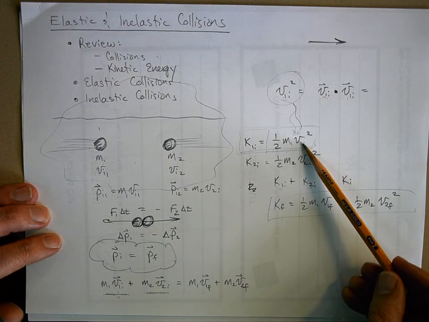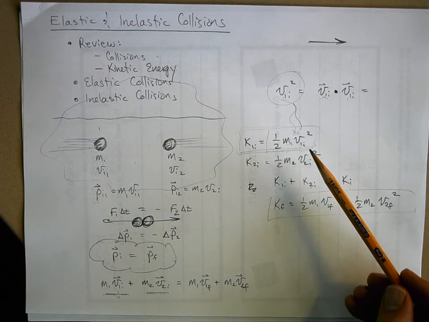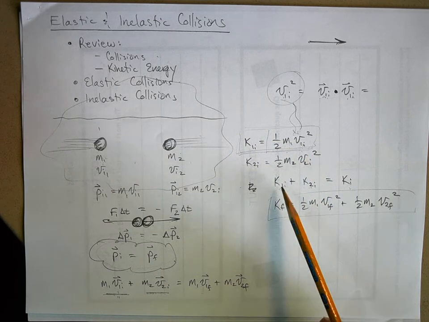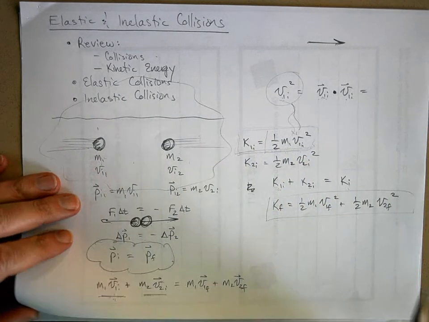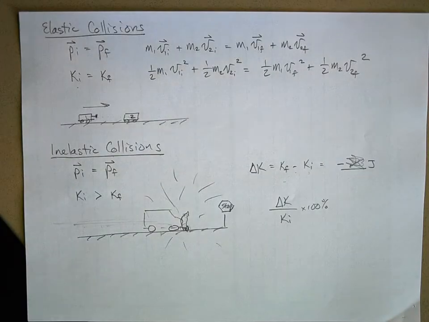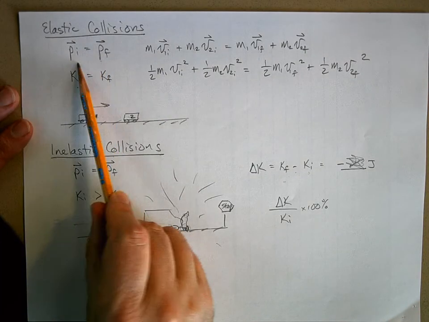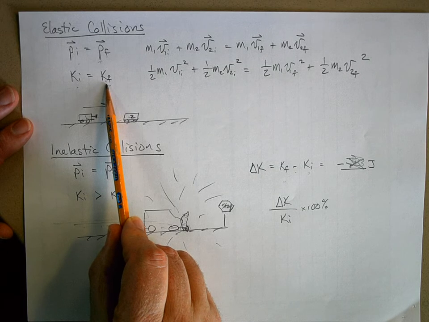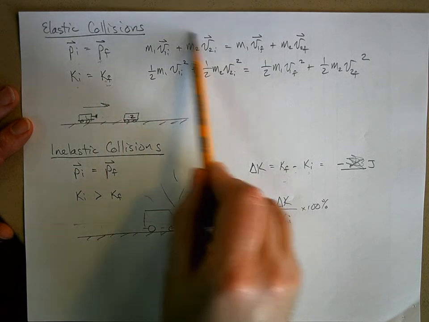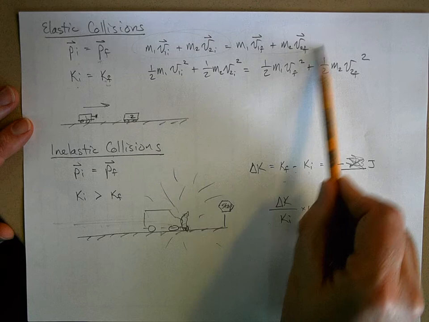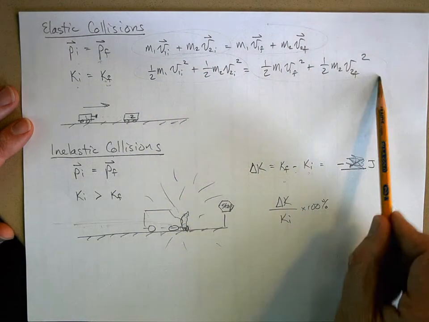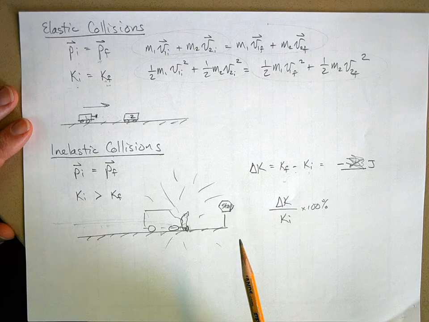It's the energy that an object has because it has mass and it's moving. Well, if I look at an elastic collision, of course momentum will be conserved, but kinetic energy is conserved as well. And so we can expand it. This is the initial momentum, final momentum, initial kinetic energy, final kinetic energy. And I can use these equations to solve problems. It's just algebra 1.